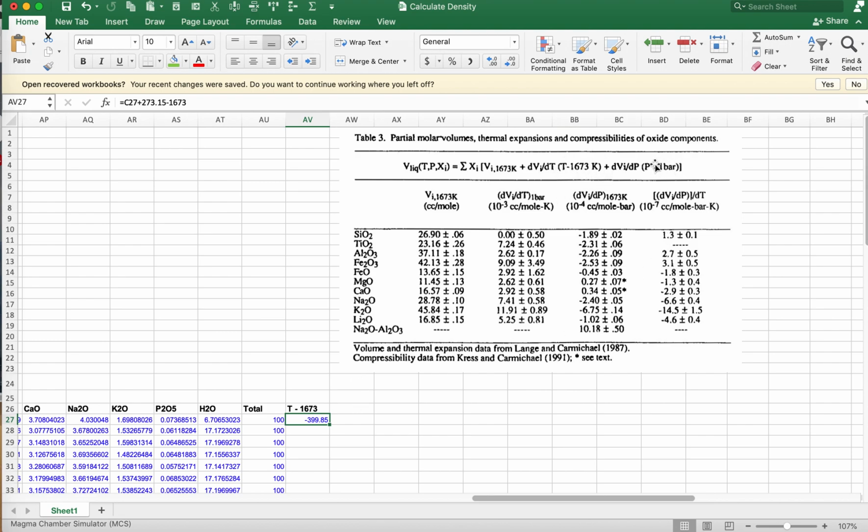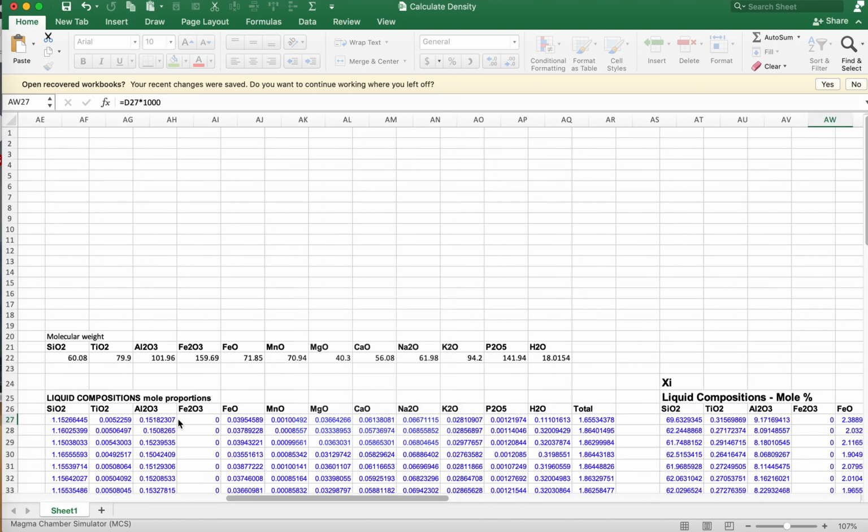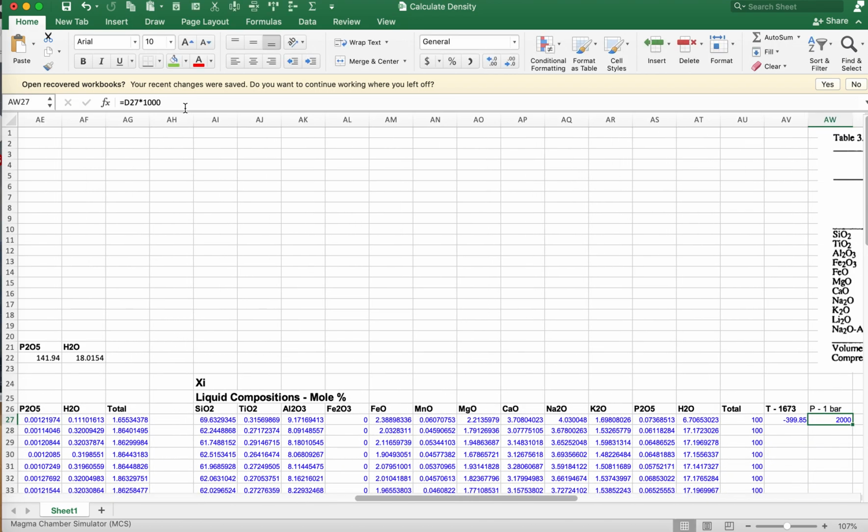And then we have to look at the difference in pressure here. So we'll have pressure minus, not plus, minus 1 bar. And we have some arbitrary pressures over here. We have 2 kilobars. So we'll take that, multiply it by 1,000 to convert it to bars, and then subtract 1 bar from that.